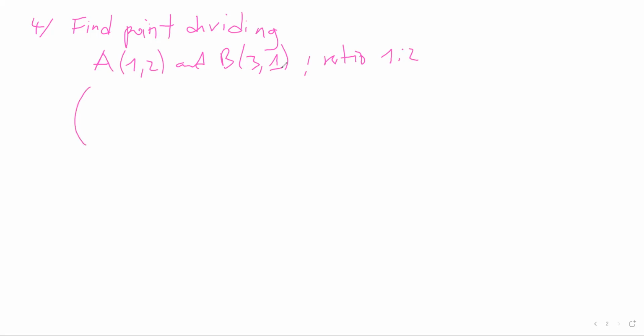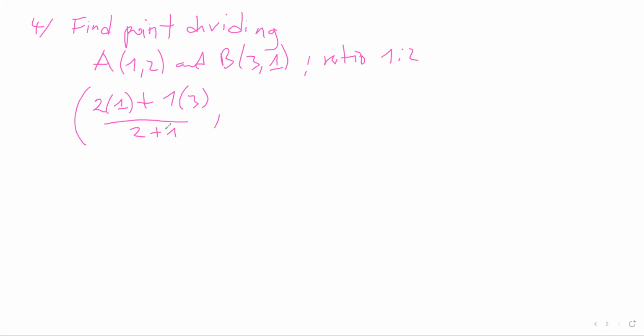And then we know usually in that case that you have your ratio. So you take 2 times 1 for the x component, and then 1 times 3 all over 2 plus 1.